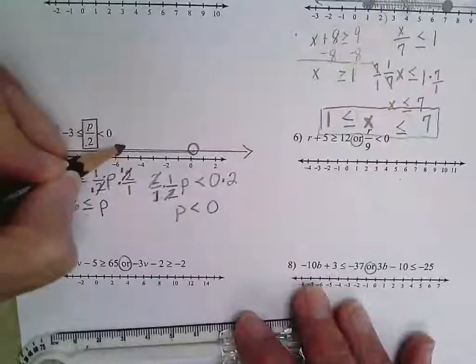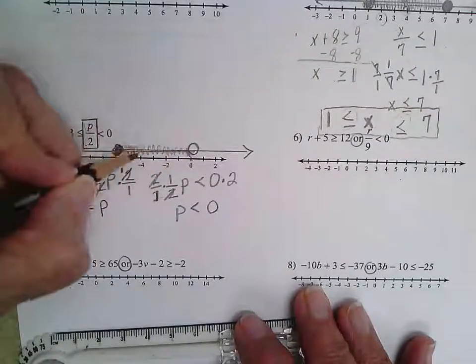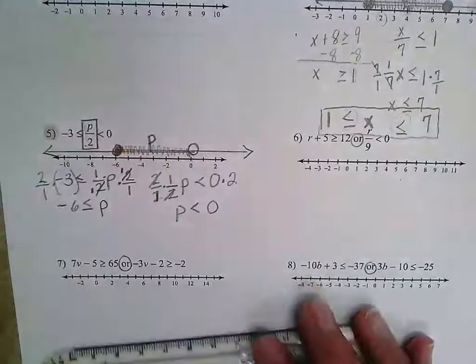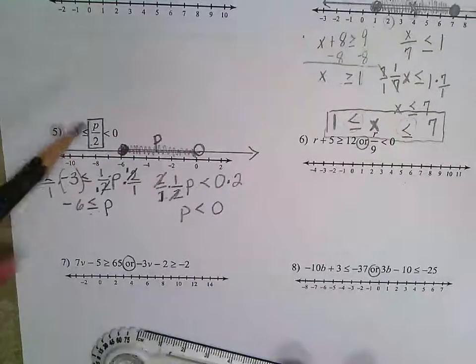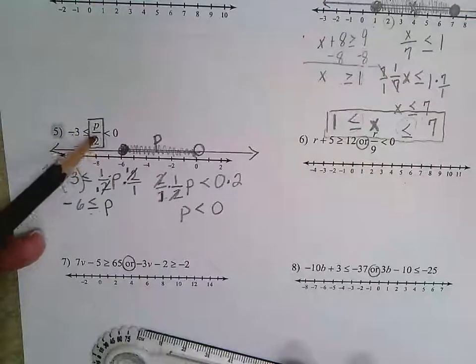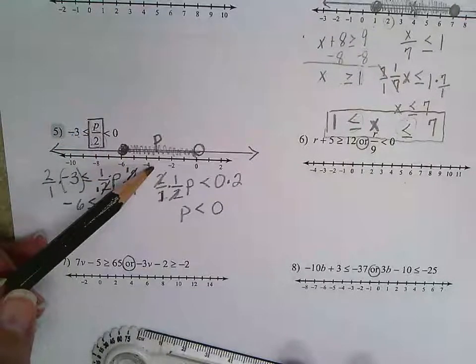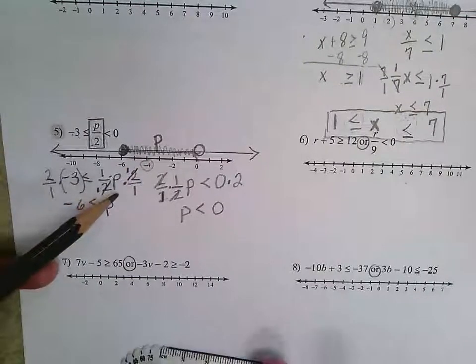And I can see that I've got 2 lines right here. So these are my values for p that would work for this whole thing. And because I'm dividing by 2 right here, I'm going to choose an even number. So I'm going to choose -4 to check things out.